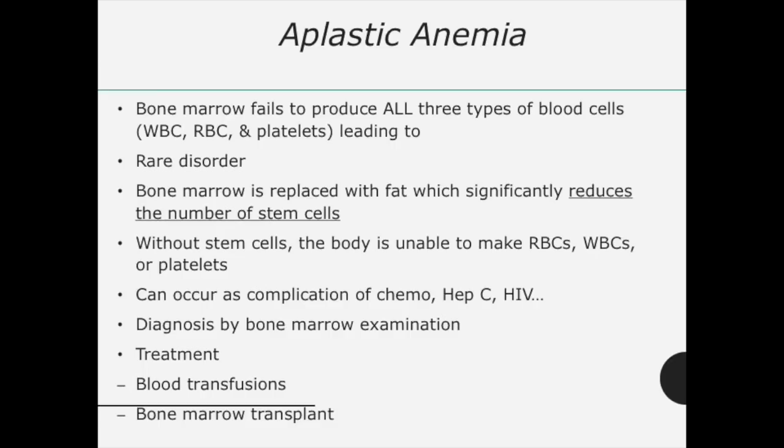So the definitive diagnosis is determined by bone marrow aspiration, and this will show a conversion of red bone marrow to fatty bone marrow. And then therapeutic management will focus on restoring function to the bone marrow and involves immunosuppressive therapy, and bone marrow transplantation is going to be your treatment of choice if a suitable donor exists, which is not always easy to find for these patients.